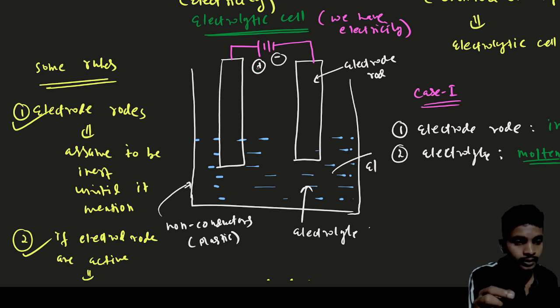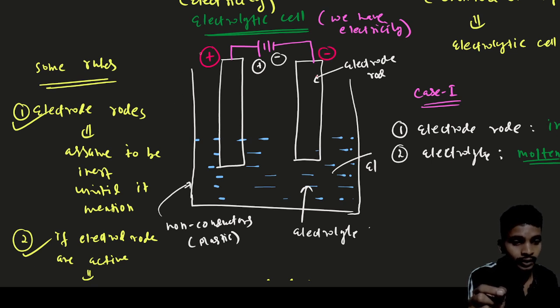This electrode is connected to the positive part of the battery, so it gets positive charge, and this rod is connected to the negative of the battery, so it gets negative charge.